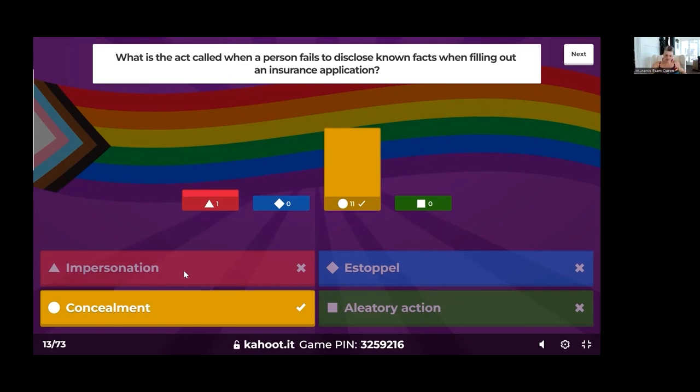Another example of waiver and estoppel would be if the insurance company always accepts your very late payment. So let's say you always are like 30 days late on your premium, and they always accept it. Let's say one month you're super late, you have an accident, and they go, we're not covering the accident.